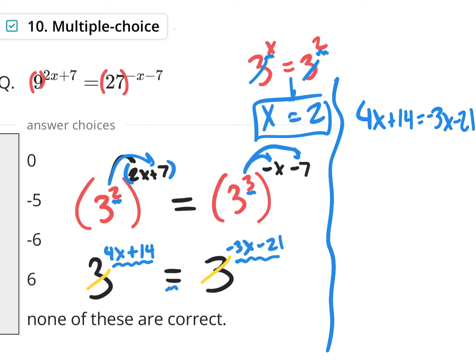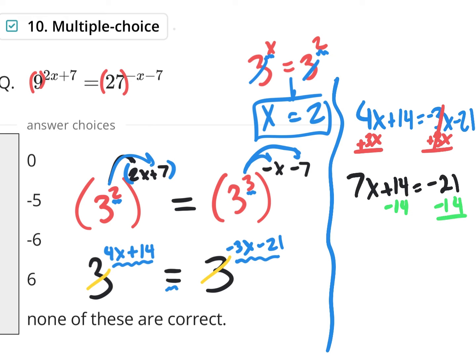So let's get the x's to one side. I'm going to add 3x. I will have 7x plus 14 equals negative 21. And last but not least, I'm going to subtract 14, giving us 7x, that canceled out, equals negative 35.